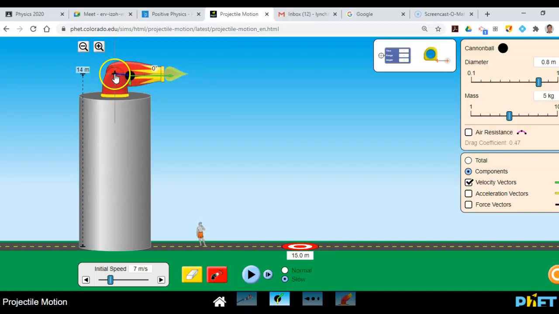So when it's originally fired, it only has a sideways velocity. It only has an x-axis velocity. It doesn't have any y-axis velocity. It doesn't have any vertical velocity.